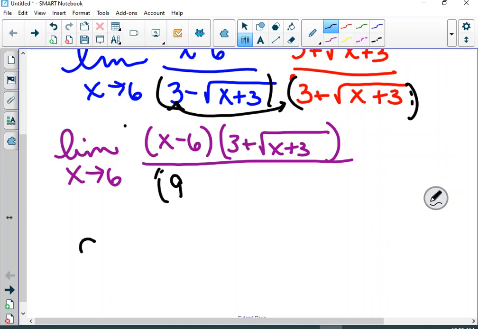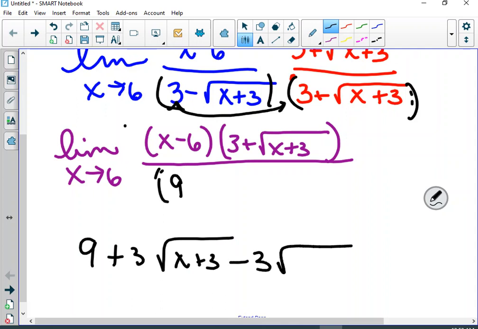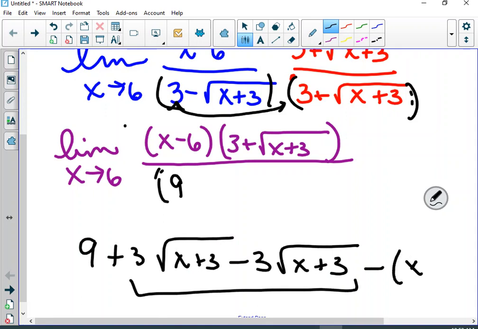Okay? I'm going to get 9 plus 3 root x plus 3 minus 3 root x plus 3. That part's always going to happen, minus the root expression squared, which will just be the root expression. So this is going to end up as 9 minus the quantity x plus 3.